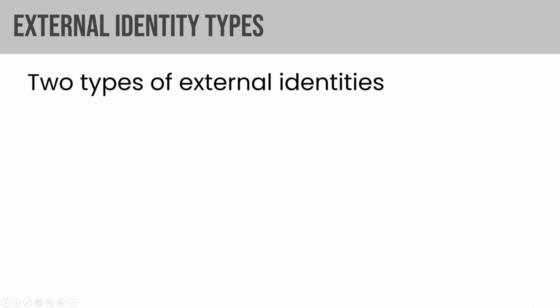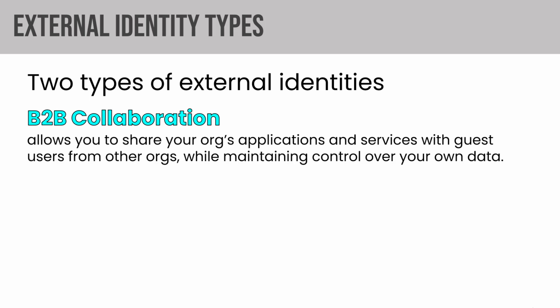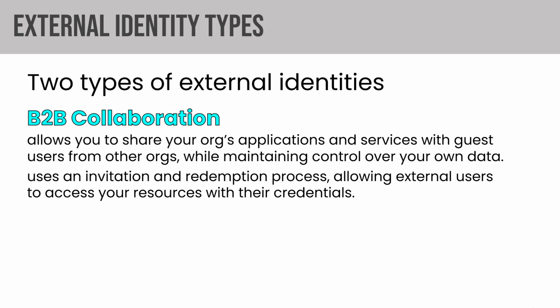Okay, we need to talk about external identity types. There are actually two types of external identities. So with B2B collaboration, it basically allows you to share your org's applications and services with guest users from other organizations while maintaining control over your own data.